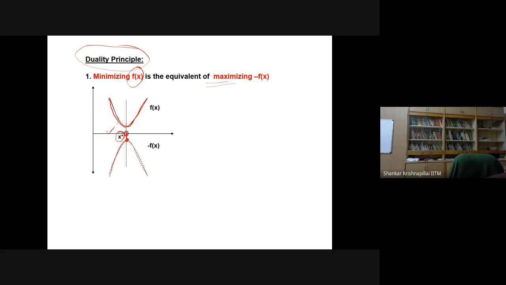This is convenient for certain optimization algorithms. Some optimization algorithms will do only minimizing. So there, if you want to do maximizing, we have to take the negative of the objective function. If you give that to the algorithm, it will do what we want.